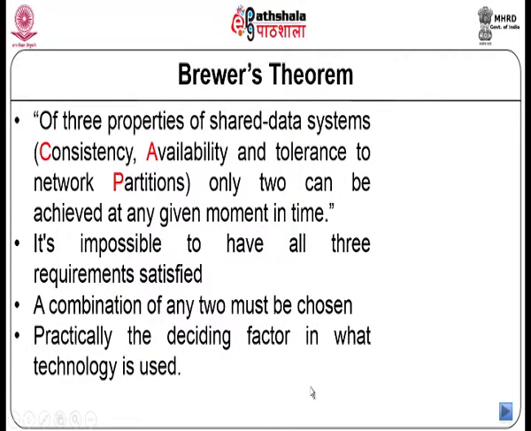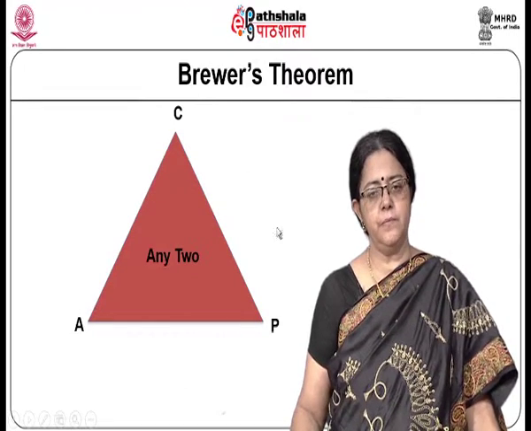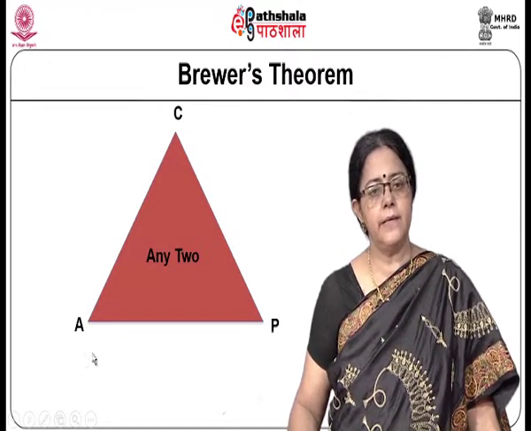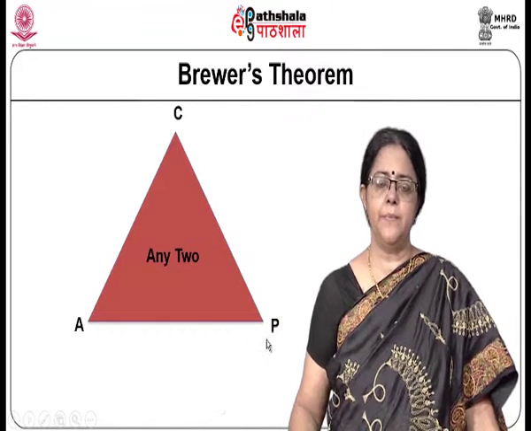So, what will decide which two will be chosen? That will be dependent on the technology that we are using, on what databases are available, and on the business application that the system is being used for. So, here is an explanation of Brewer's theorem. This is a triangle with three points having the three properties.